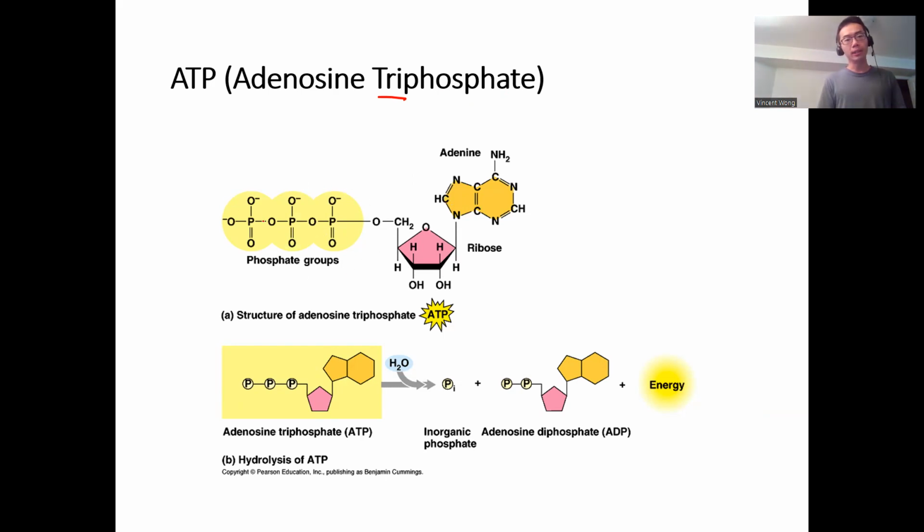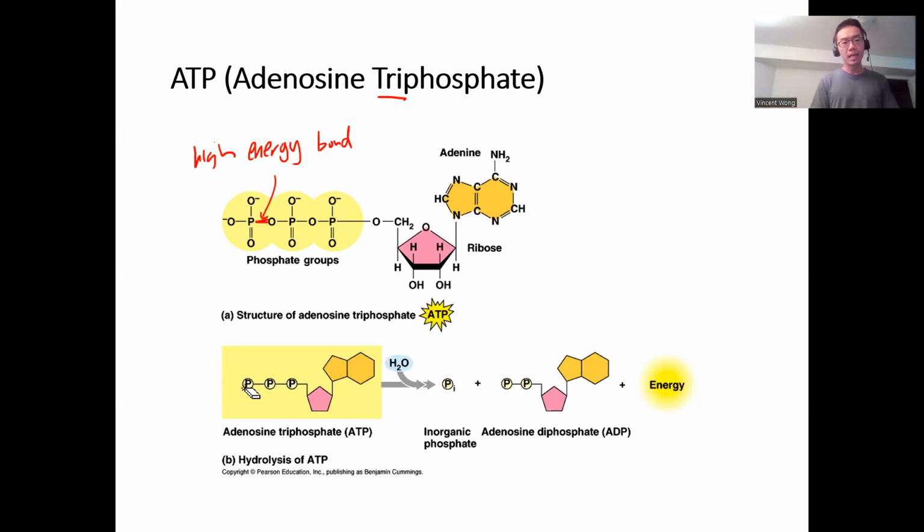Okay? The bond that's holding the last 2 phosphates is very energetic. Okay, so we say high energy bond. Right? And it's a little bit unstable. All right. So what happens is you can add a water molecule and break that bond off, and it just releases all this energy that is available for use.